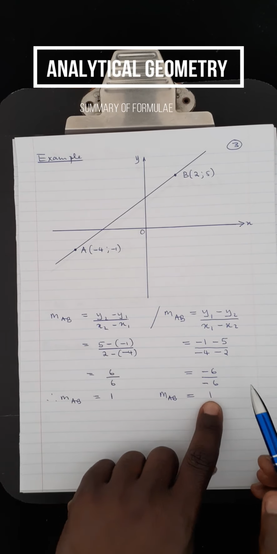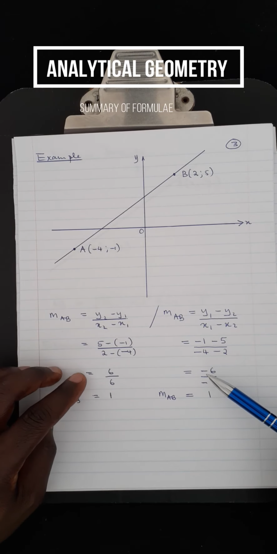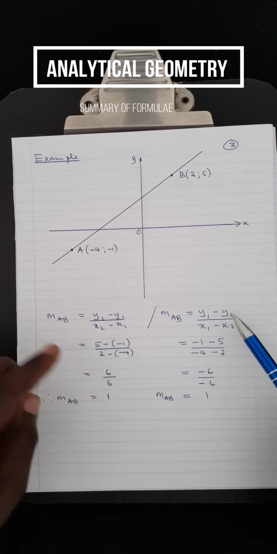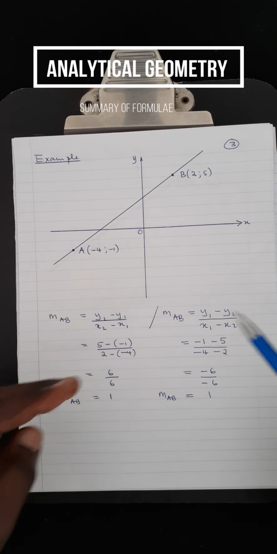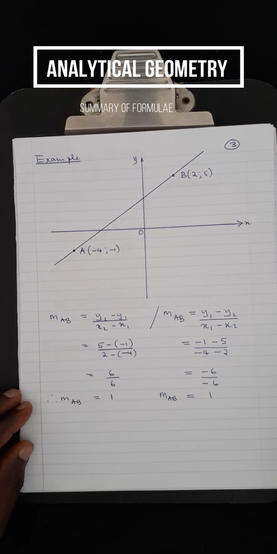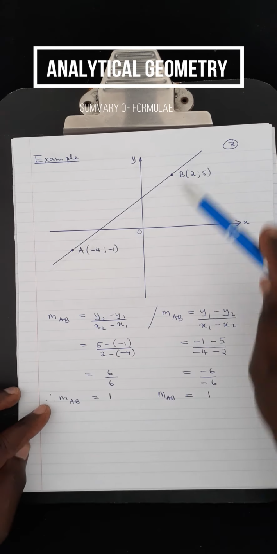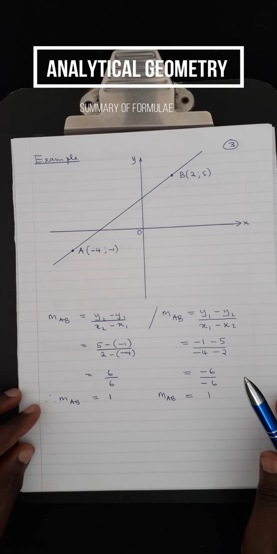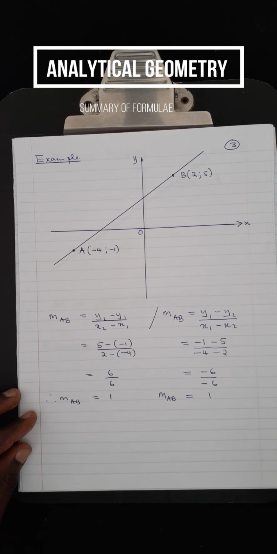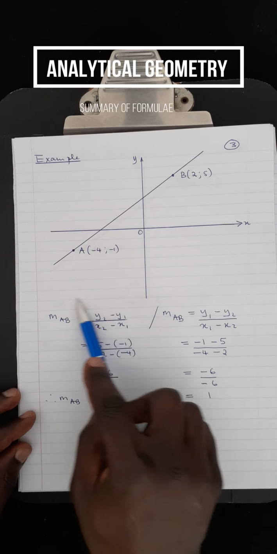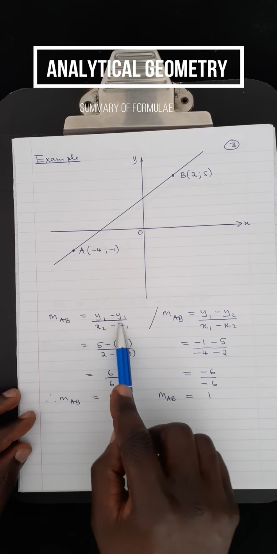You will see that the only difference is in the signs. Here we've got positives, here we've got negatives, because we swapped the points in our naming. So that's the gradient of this straight line. To summarize, when you are asked to find the gradient of a straight line and you are given 2 points, you need to use this formula, y2 minus y1 over x2 minus x1.